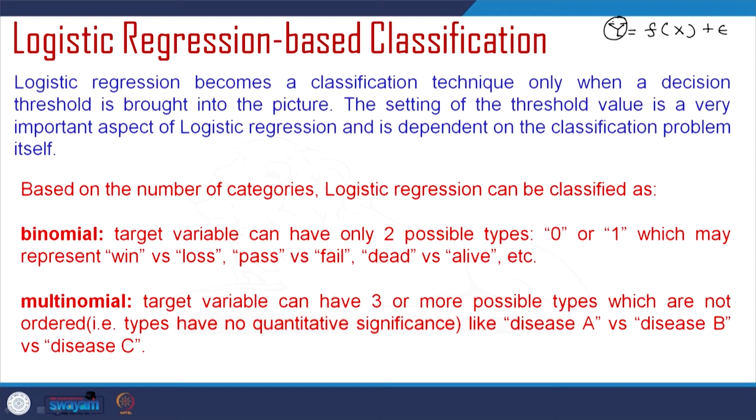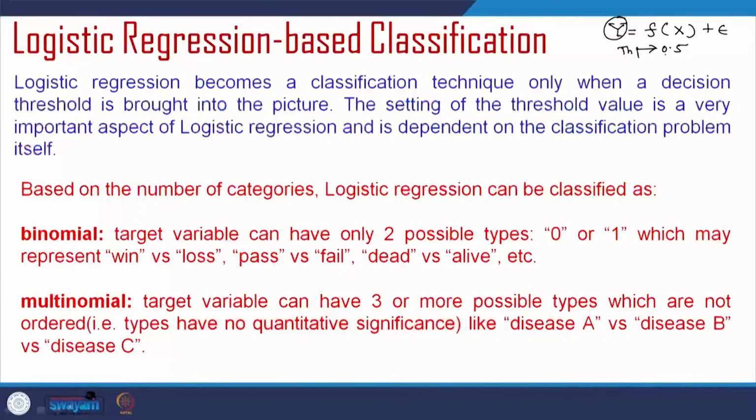When you put a threshold between 0 and 1, let us say 0.5, then if the value of y for a given pattern is less than 0.5, it belongs to class 0, and if it is more than 0.5, it belongs to class 1. With this kind of thresholding we can utilize it for classification.